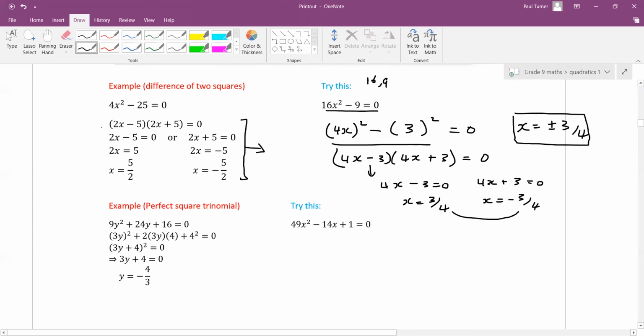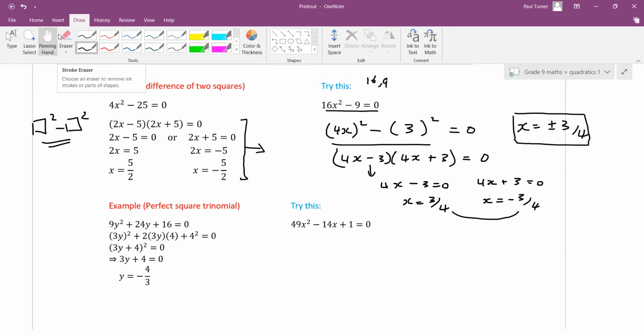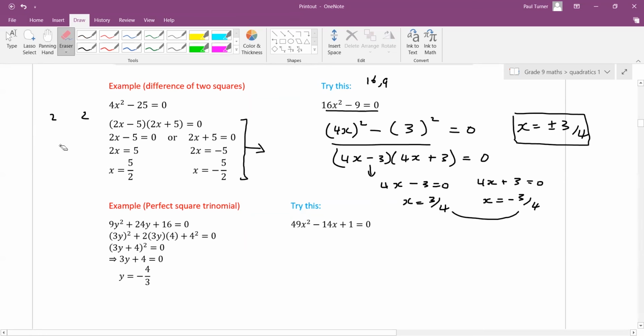Okay, so whenever you see something squared minus something squared, then it looks like we can use this method. Generally, we can use it, even if it's a number that's not a perfect square, you can still do it. So for example, let's just do another one quickly.